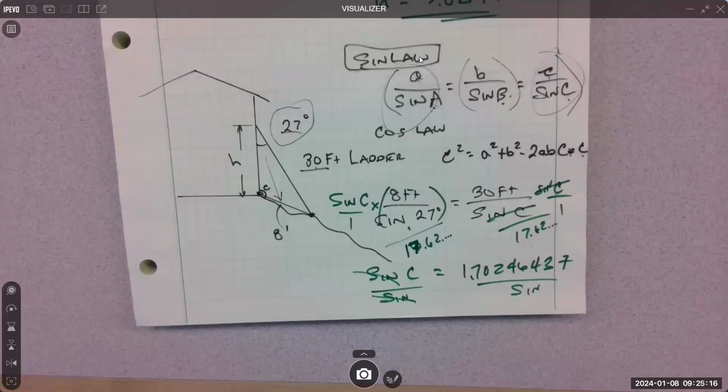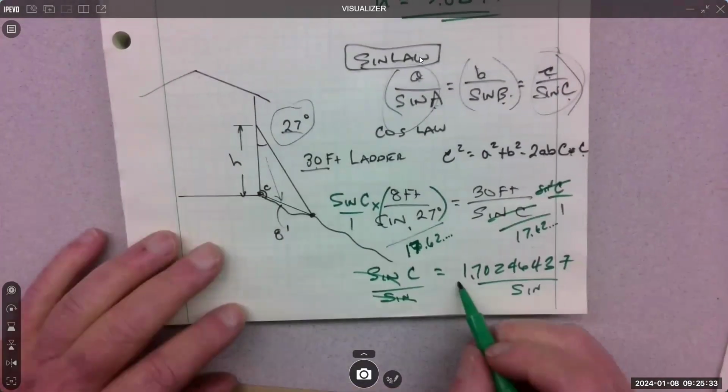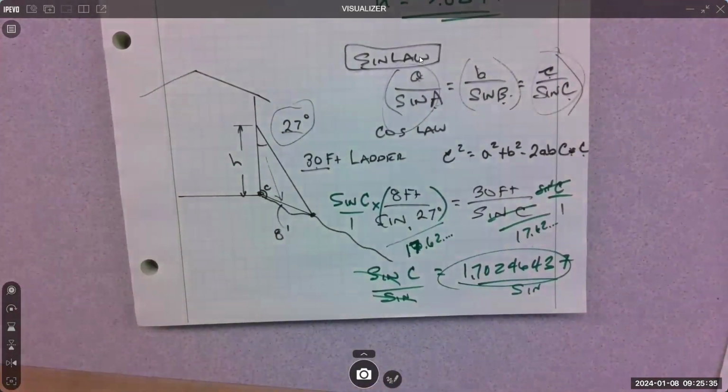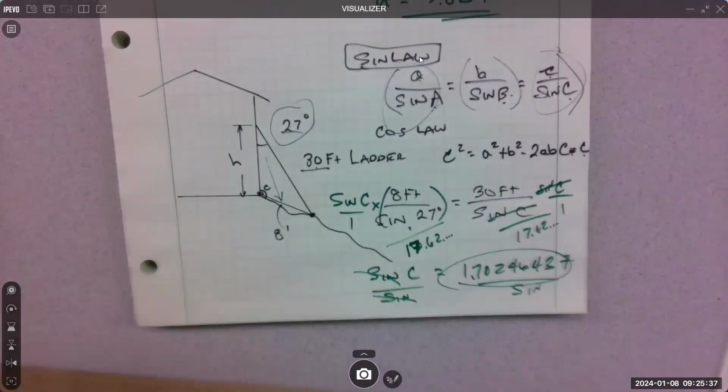Is it degree or radian? No, it doesn't like this number. What doesn't it like? Mine doesn't like it. What's yours giving you? Yeah, error. It's like, what? 1.7? Right, that's what we ended up with, correct?